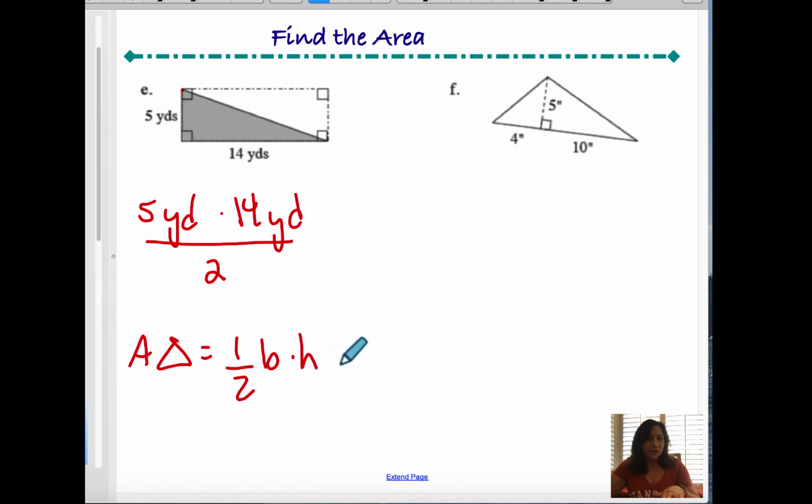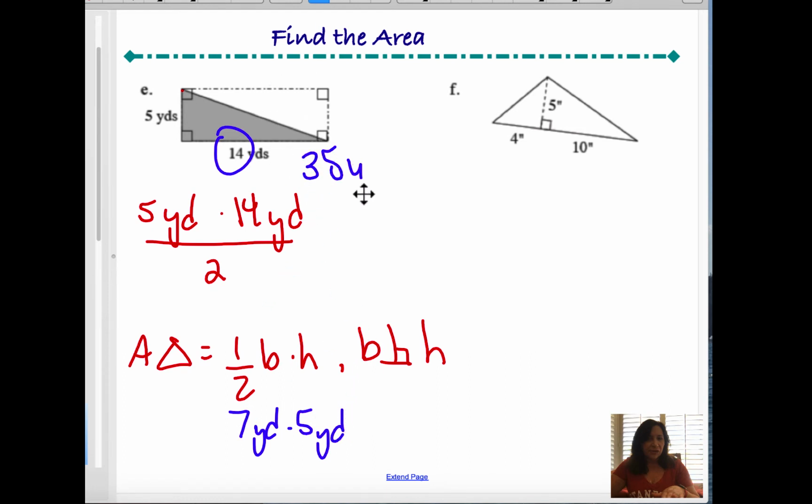But always remember that the base must be perpendicular to the height when you're finding the area of a triangle. So for this first problem, I'm just going to go 1/2 the base times the height. So 1/2 of my base, 14, is 7. So we have 7 yards times 5 yards, and that makes 35 yards squared. So the area of this is 35 yards squared.